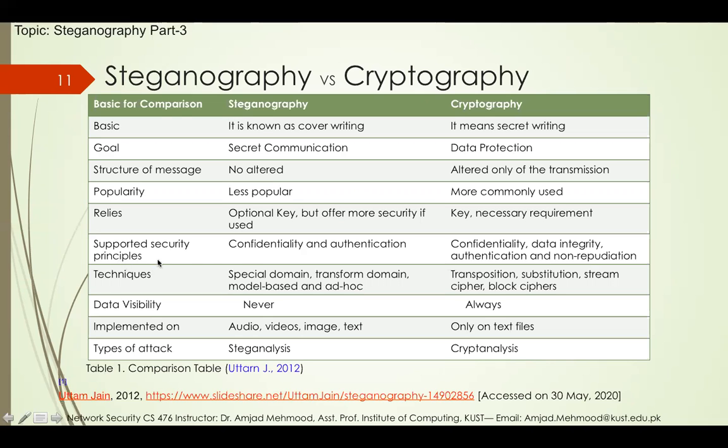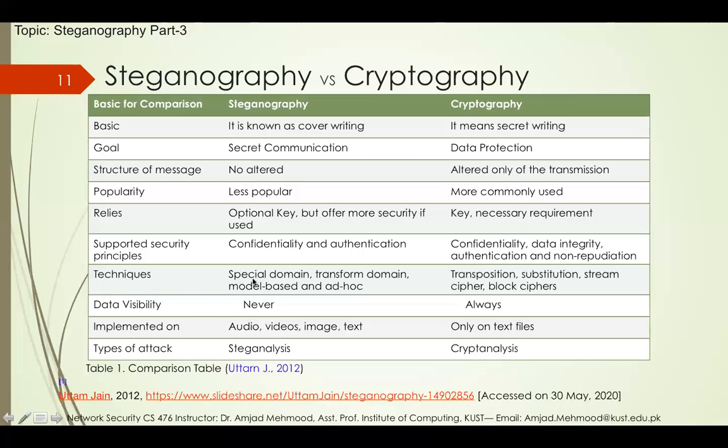Supported security principles: confidentiality and authentication. These are the security principles provided by steganography, whereas the principles provided by cryptography are confidentiality, data integrity, authentication and non-repudiation.